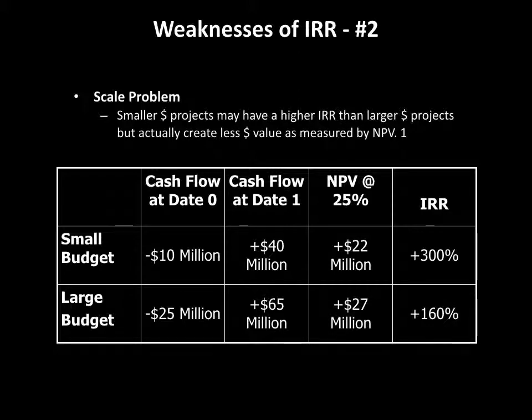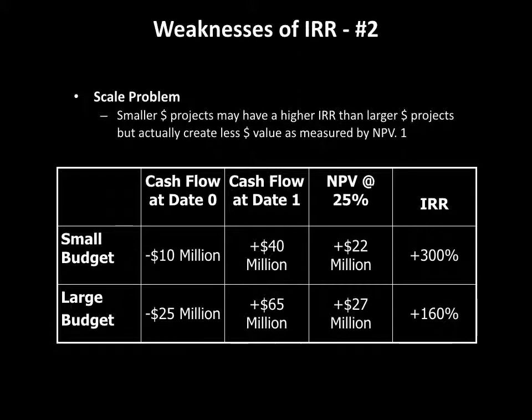Well, if we solely relied upon internal rate of return, the smaller budget item, 300%, is much greater than the other at only 160%. So if we had to choose one versus the other, we would take the small budget item. However, you can see that the large budget item, despite the smaller internal rate of return, has a larger net present value in a dollar value calculation.